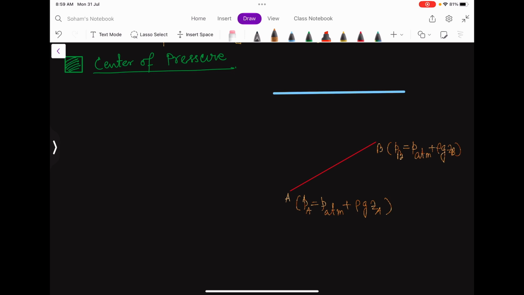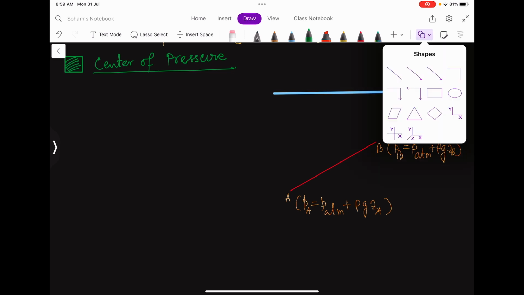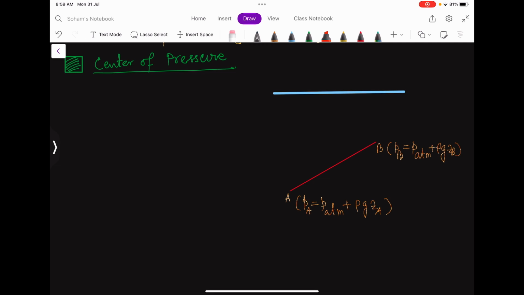So if I have to draw the direction of pressure force on these points, then these will be the directions. On B it is something like this, and now let me assume that the length of this arrow denotes the magnitude of this pressure force. The arrow at point A should be greater than the arrow at point B, because at point A the magnitude of pressure is more, because ZA is more than ZB.